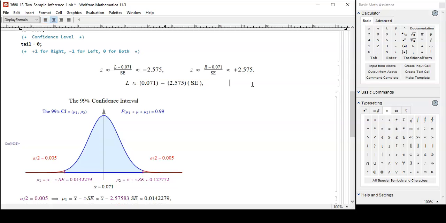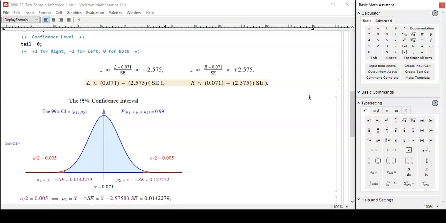And the right-hand side, by symmetry, I can change this into plus. Once you know the SE value, plug those in and do your computation, you're going to get the confidence interval. The same idea as before, same normal curve analysis, same z-table.